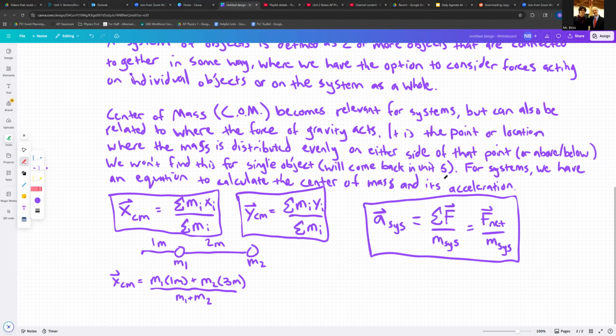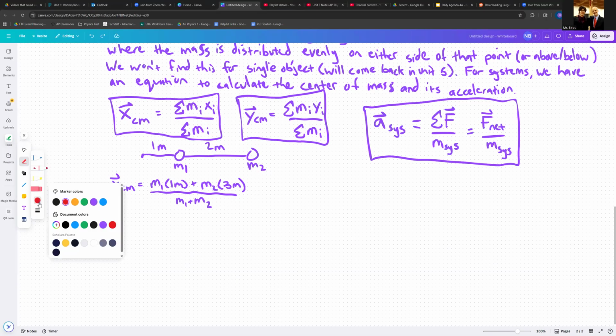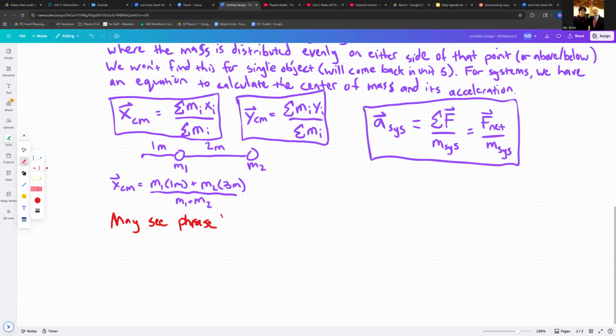Okay, one more thing we're going to say before we wrap this up is we're going to talk about a phrase that's connected to this acceleration piece. So what happens is when we're solving problems involving center of mass, we may hear or see the phrase, quote, acceleration or velocity of the center of mass of a system.